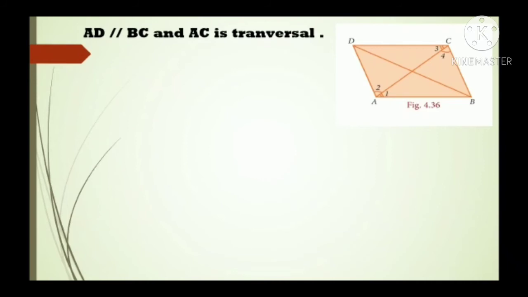From the above two details, what can we say? Yes, the alternate interior angles are equal, isn't it? So what angles are equal? What is the alternate interior angle of 2? Yes, that is 4. So angle 2 and angle 4 are equal. Similarly, angle 1 and angle 3 are equal, isn't it?